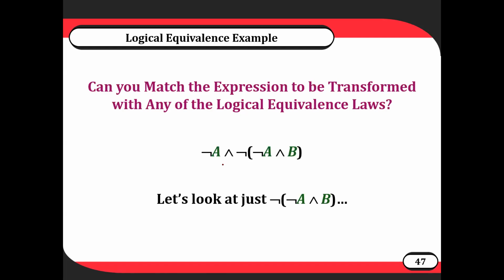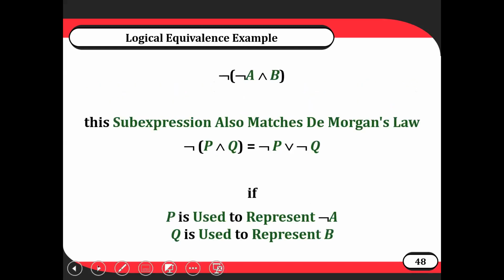We can't do distribution anymore because these are the same, and also you have to evaluate this negation first. But let's just look at this sub-expression here. Again, we can pattern match this sub-expression to De Morgan's law.